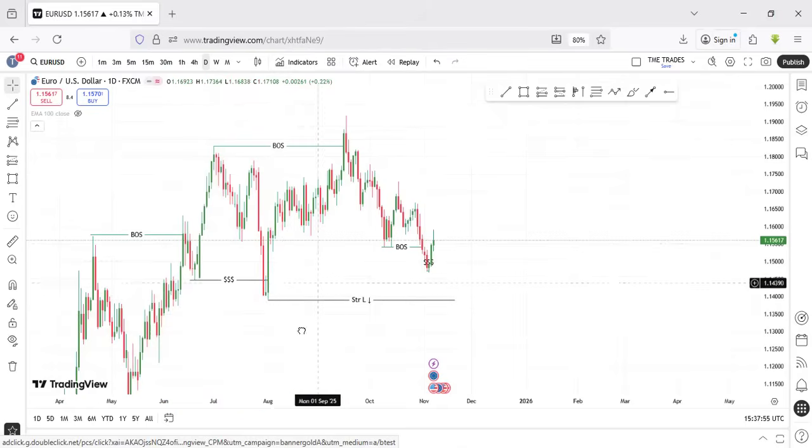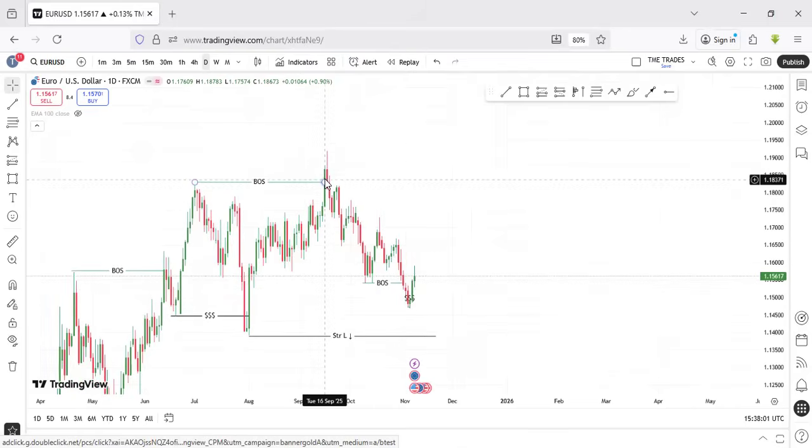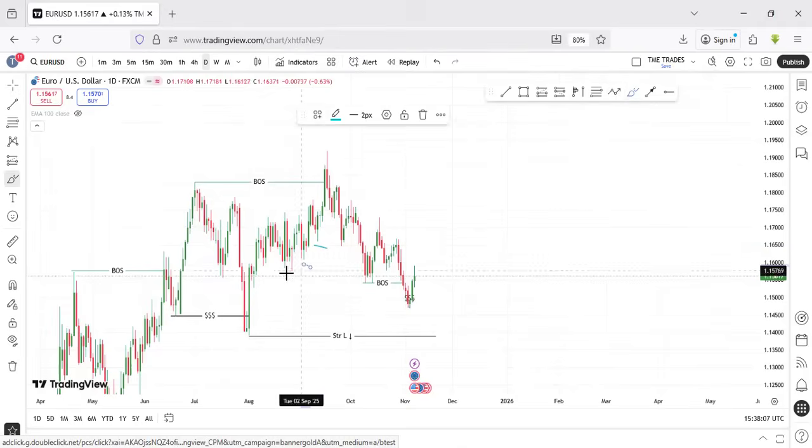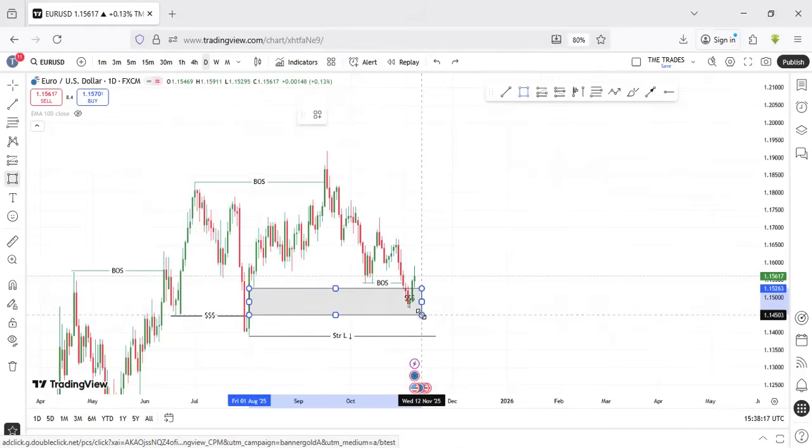Now this low created this break to the upside, giving us this valid break of structure. And whenever we have an external break of structure, it will use all the internal structures as liquidity. And that's exactly what EURUSD has done, coming to this particular fair value gap, reacting from that particular place.